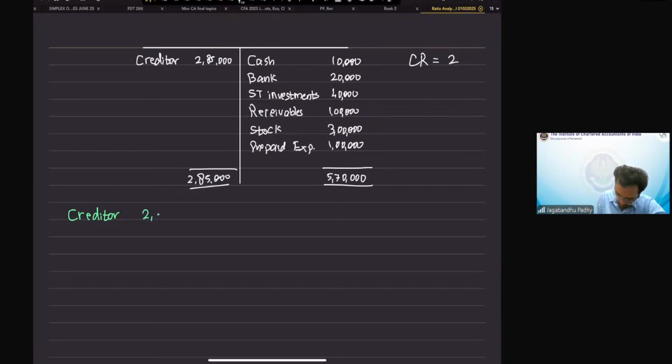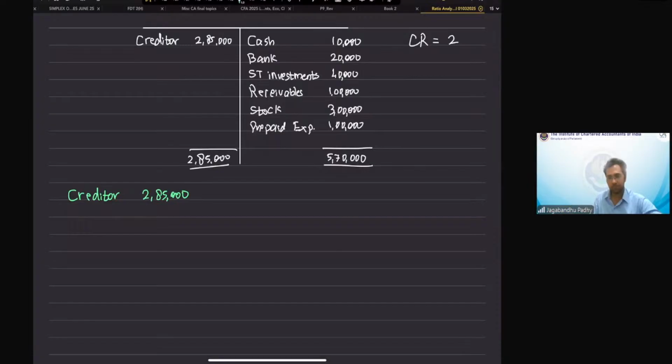Creditors 2,85,000. They ask for money now. We have creditors, let's say 2,85,000. They come and ask for the money. How can I make them payment?